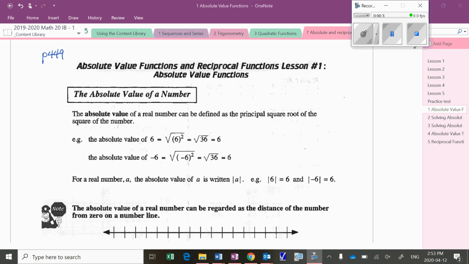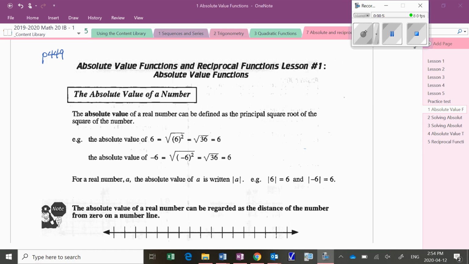The absolute value of a real number is defined as the principal square root of the square of the number. So, for example, absolute value of 6, so we're going to square 6 and then take the square root of that. So the principal square root is, remember, always the positive. So we're taking the square root of 36, which is positive 6.